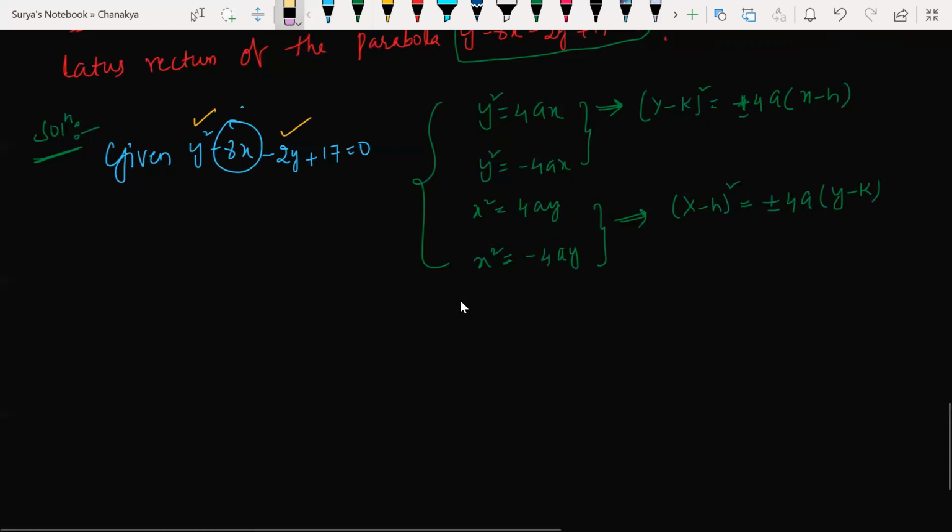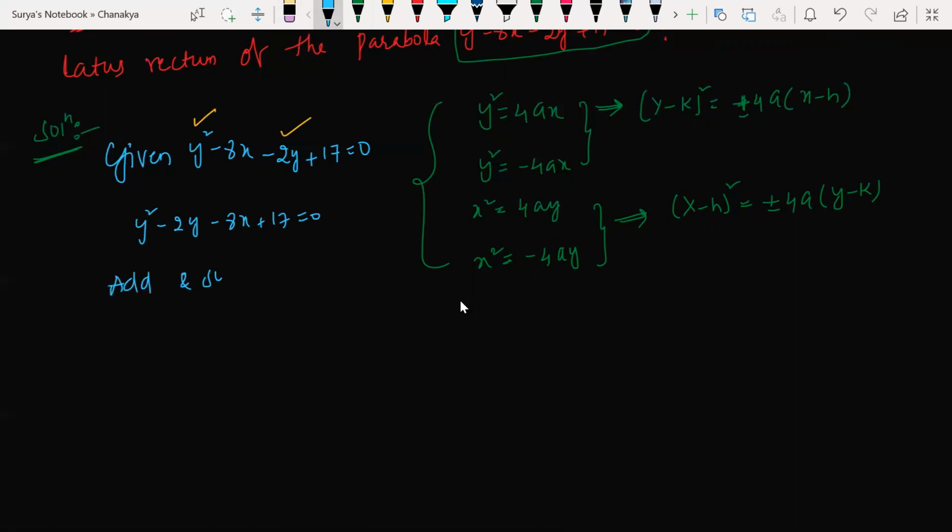Let us write y square minus 2y minus 8x plus 17 is equal to 0. So what do I need to add and subtract here? Adding and subtracting 1, what would I get? Y square minus 2y plus 1 minus 8x plus 17 minus 1 is equal to 0.